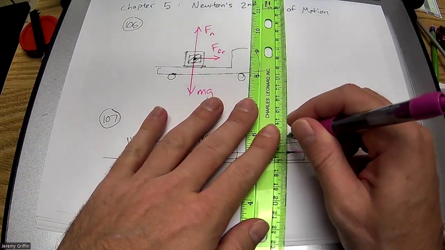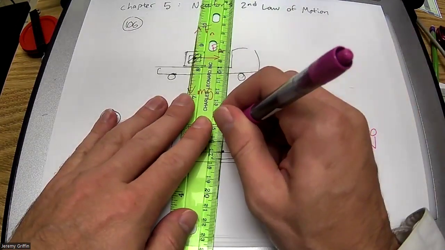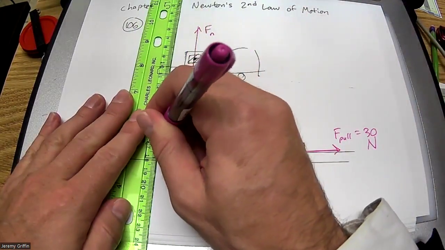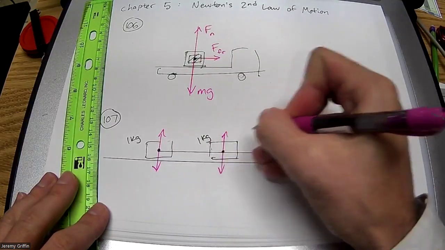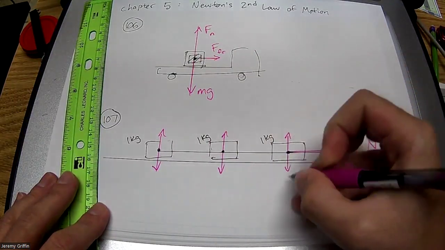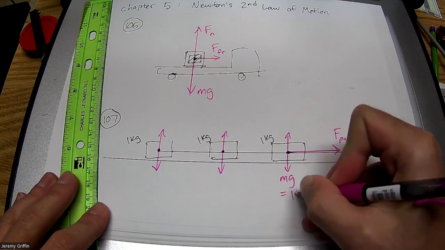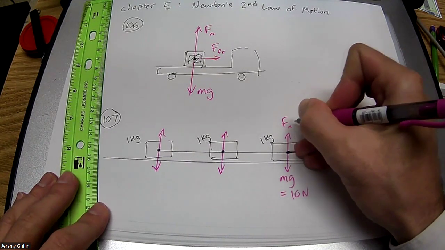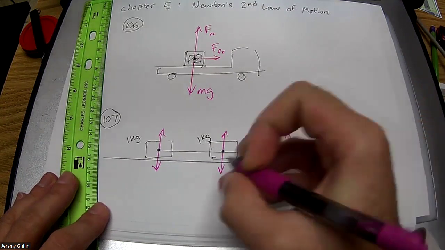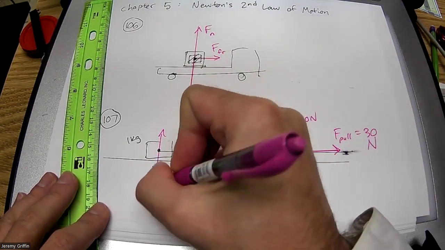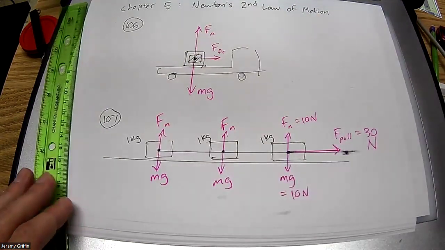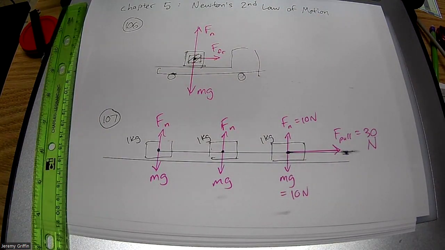Does each of these blocks have a weight and a normal force, you guys think? They're balancing out. I'm gonna do those real fast. I just made up 1 kilogram, but let's run with that. Mg could be 10 newtons. Normal force could be 10 newtons. Mg, normal force. Mg, normal force. Boom, boom, boom. So that's all aside.